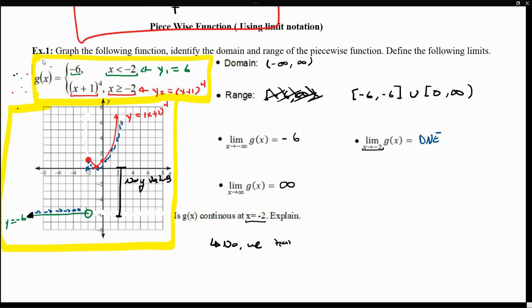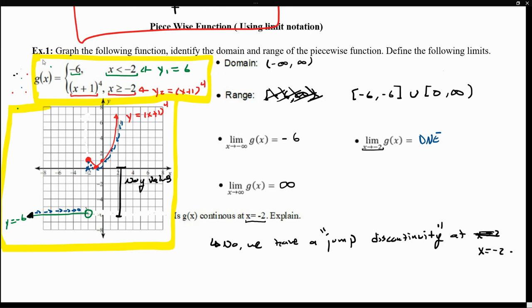We have a jump discontinuity at the value x equals -2. And why do we call it a jump discontinuity? Well, because we jump in places.